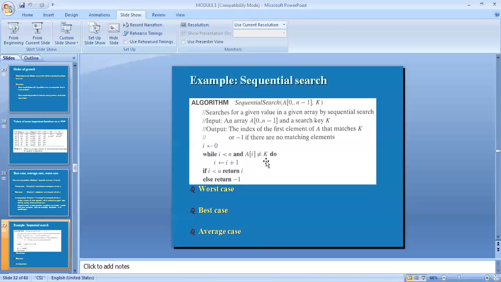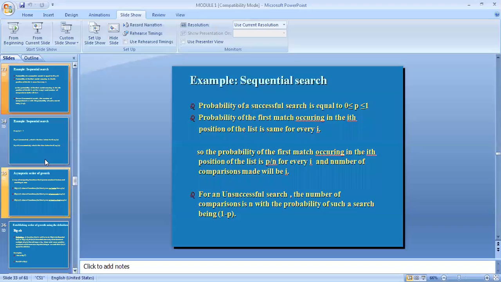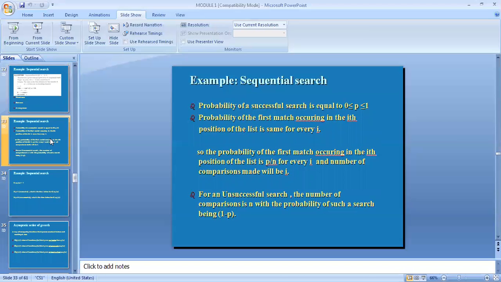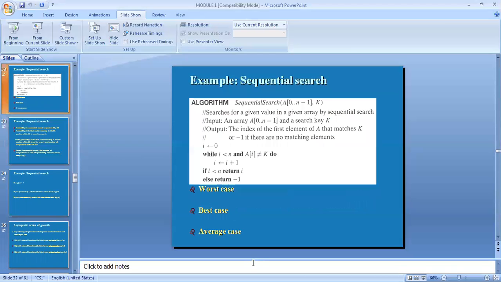In the if statement, if I is less than n, it returns I. That means the value is found at that particular position. Else it returns minus 1, because I is already greater than n and nowhere is A[I] equal to K. Now here we have a worst case, best case, as well as average case.